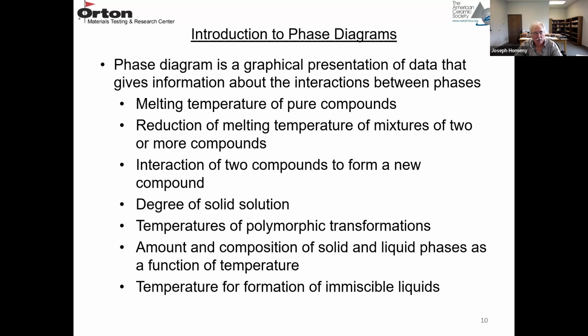So all of these are important when you're looking at a refractory for a high temperature application. You definitely want to know what compounds are present, and how much liquid is present as a function of temperature. Not only in the pure refractory materials as produced, but also these phase diagrams apply when the refractory is in contact with another liquid like a glass or a slag.